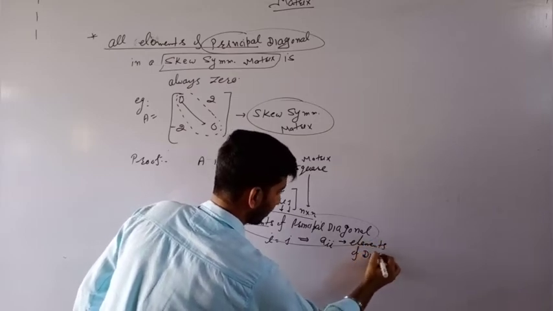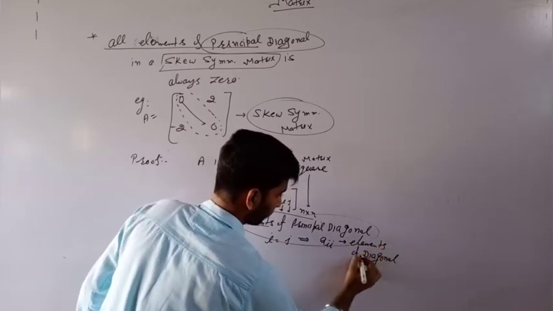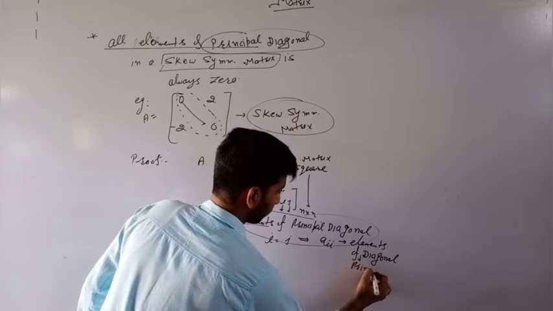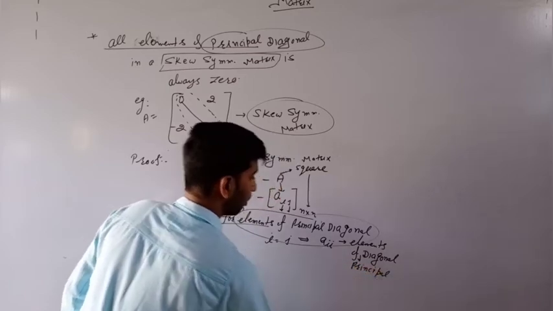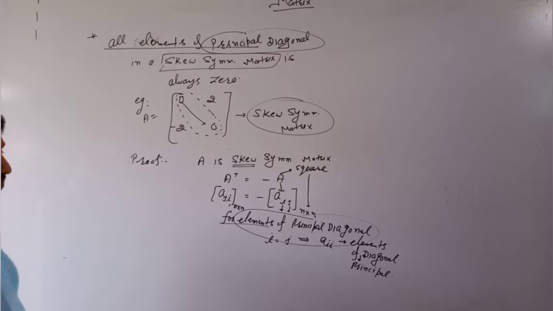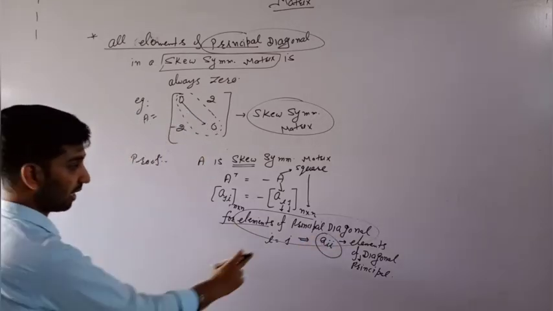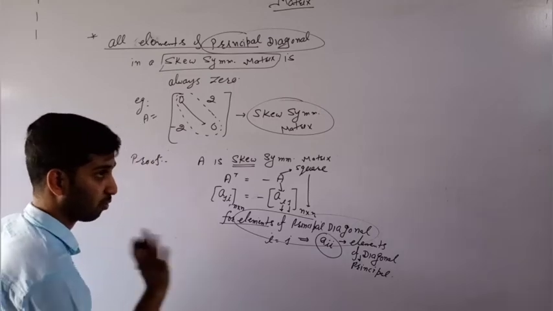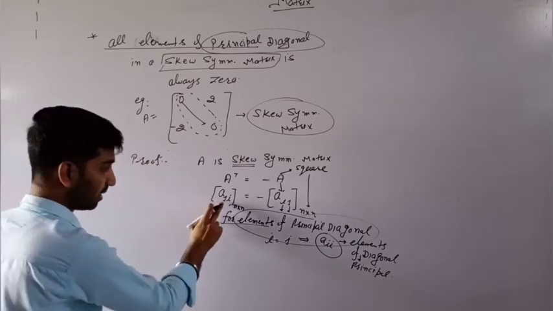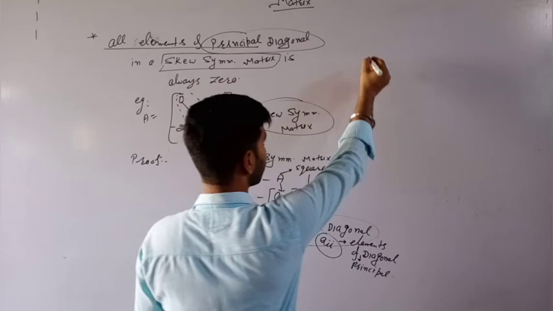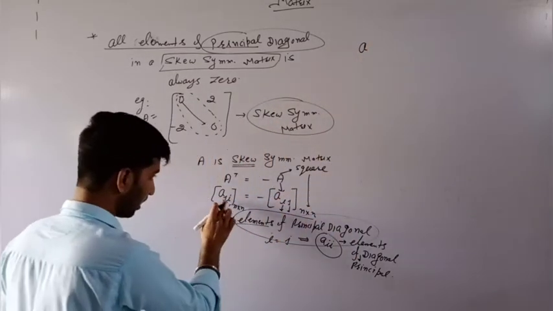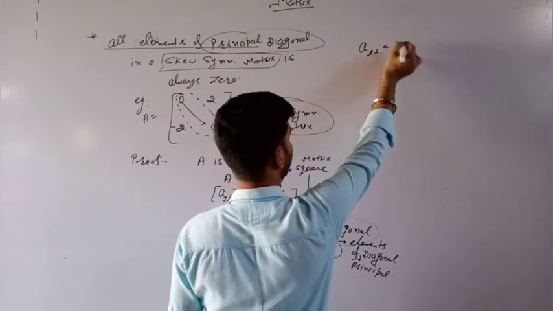Elements of the principal diagonal are denoted by aii, where i is equal to j: a11, a22, a33, a44, a55, a66. That means i is equal to j.